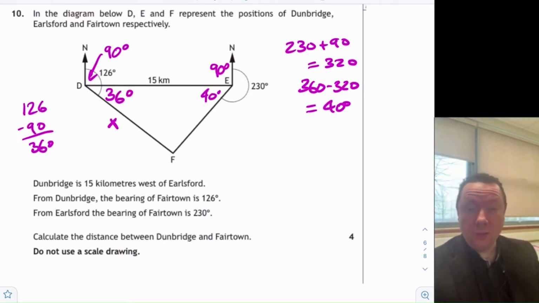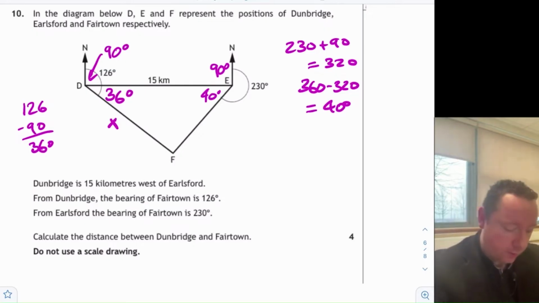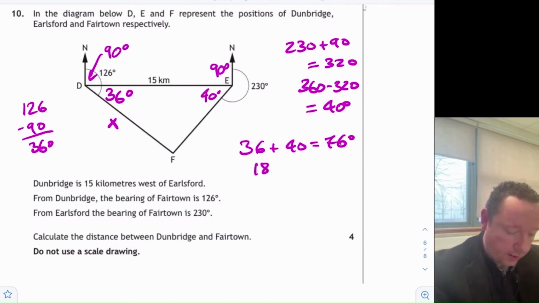Once I've got two angles inside the triangle, I may as well just find the third one, because chances are I'm going to have to use it. 36 plus 40 is 76 degrees. 180 minus 76, because angles in a triangle add up to 180, gives us 104 degrees. So we can write that down here.